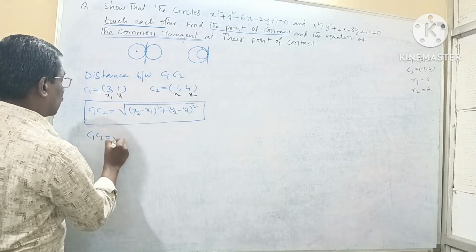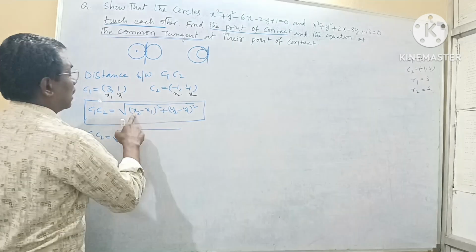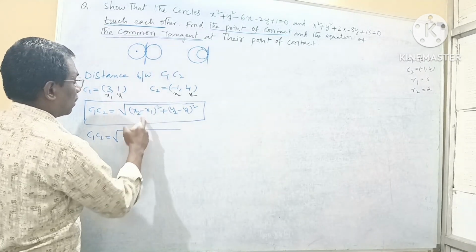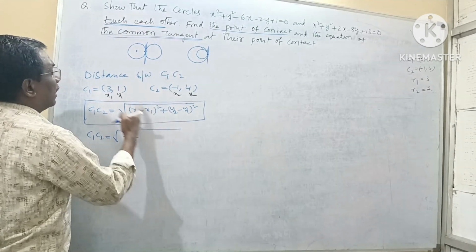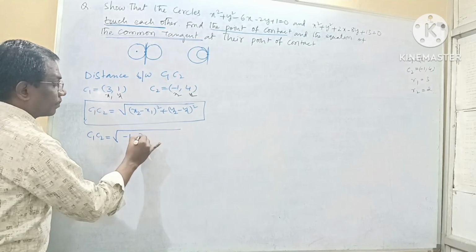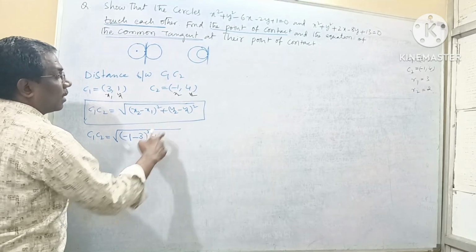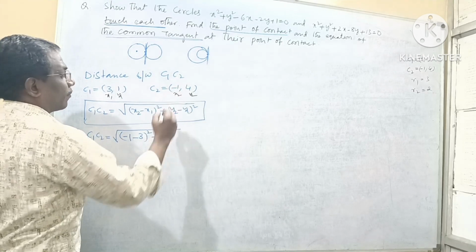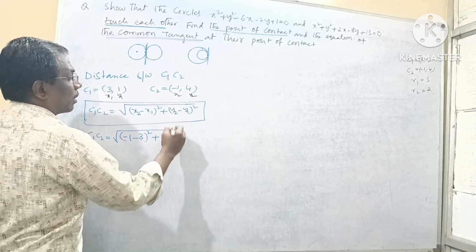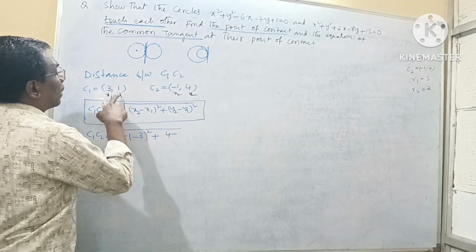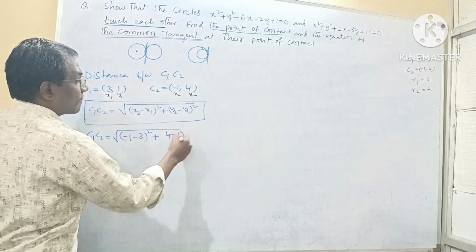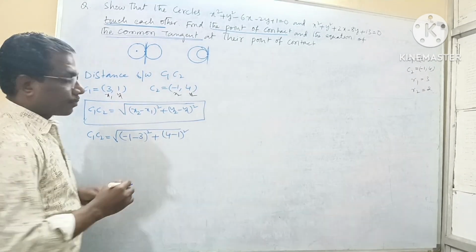C1C2 is equal to under root of x2, which is minus 1, minus x1, which is 3, whole square, plus y2, which is 4, minus y1, which is 1, whole square.